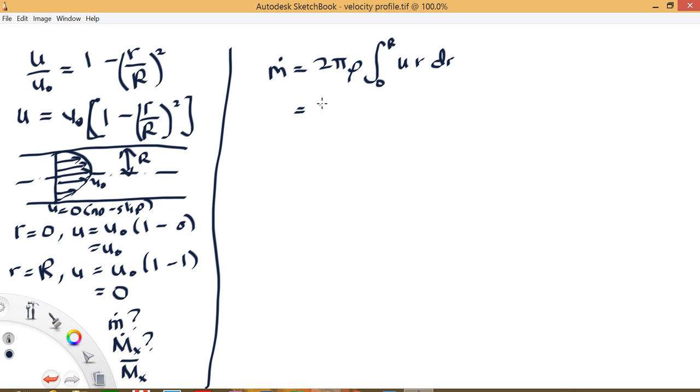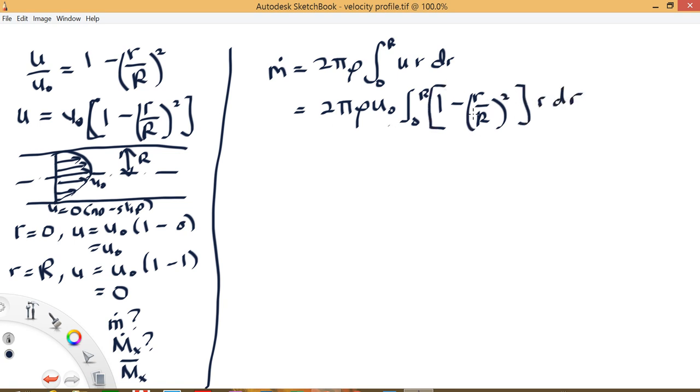So this u, I replace with the equation here. So rho, okay, u naught I put outside. So this should be 1 minus r over R squared, r dr. So I multiply with r, I should get 2 pi rho u naught. Normally all the constants are put outside.